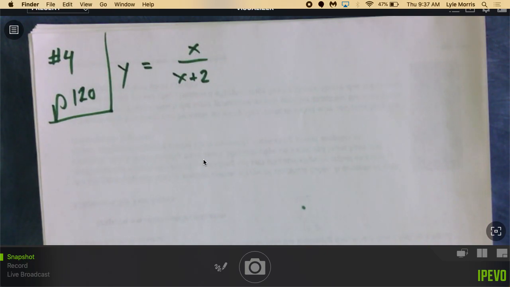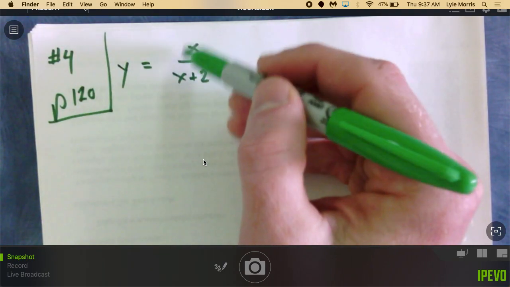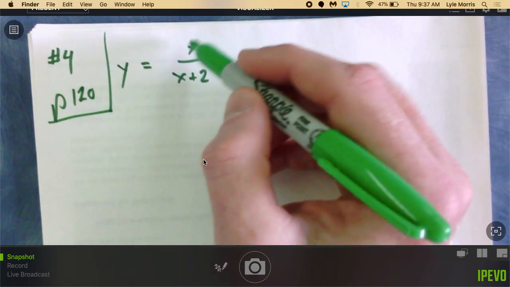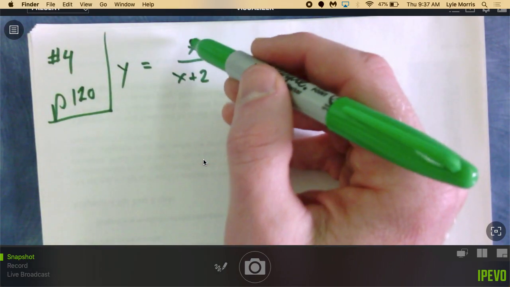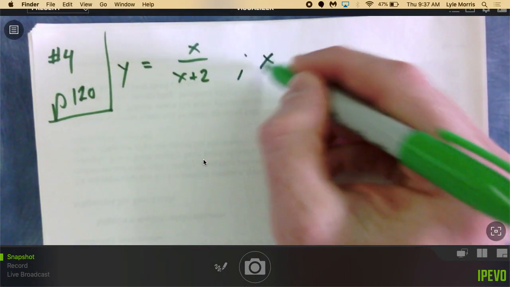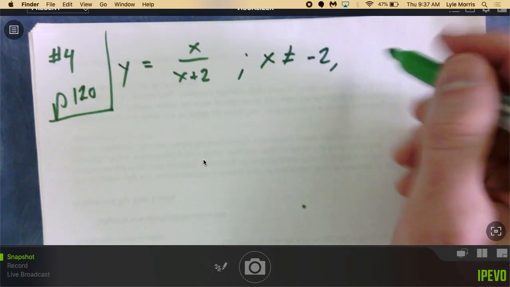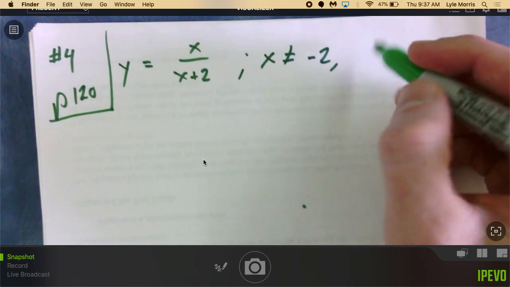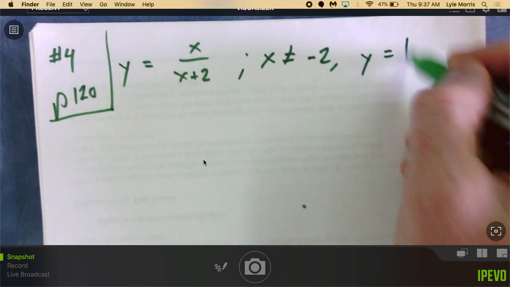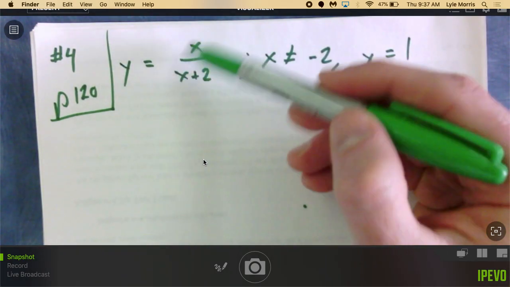Yes, which means the horizontal asymptote will not be a half, it will be 1. It's the leading coefficient on top divided by the leading coefficient on the bottom. So we know that x cannot equal -2, and the horizontal asymptote is y equals 1, because it's 1 over 1.